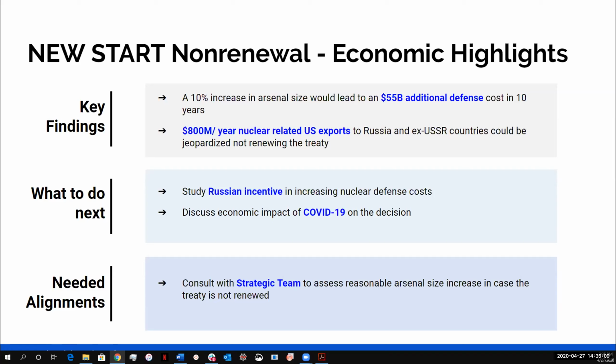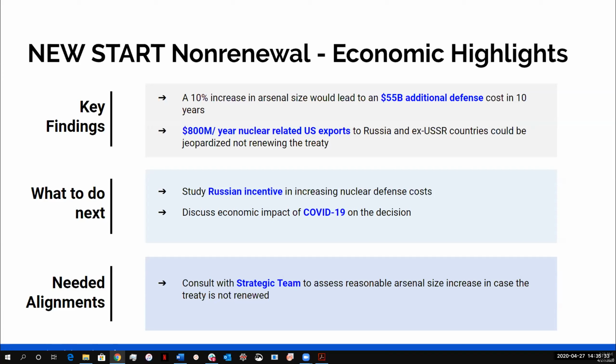We still have to understand the probable planned increase in strategic arsenal size in case the treaty is not renewed, and for that, we will consult with the strategic team. But just to give a ballpark number, a 10% increase in the arsenal size would lead to more than 50 billion in additional defense budget requirements over 10 years.